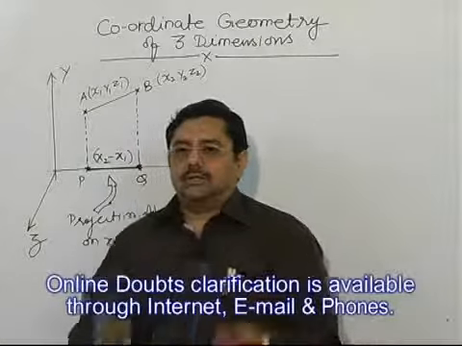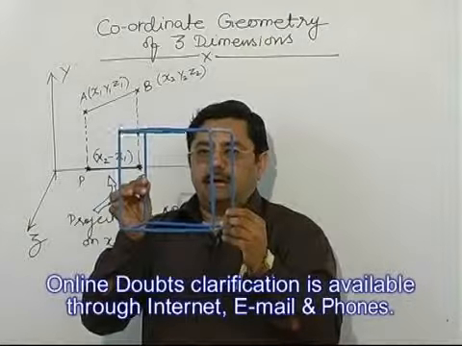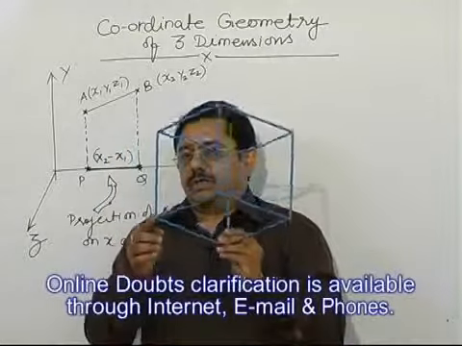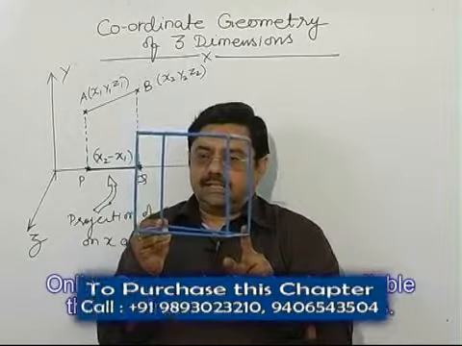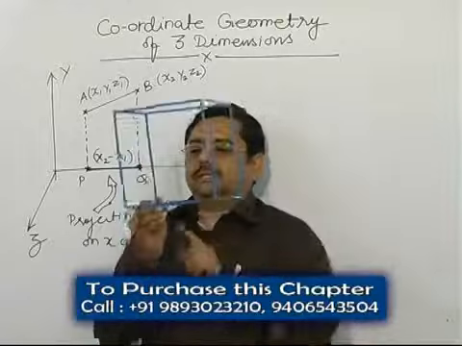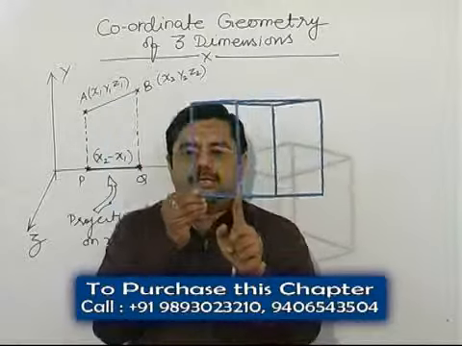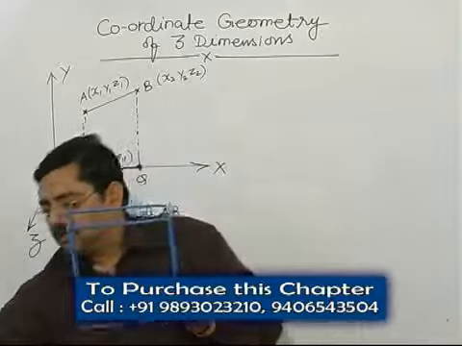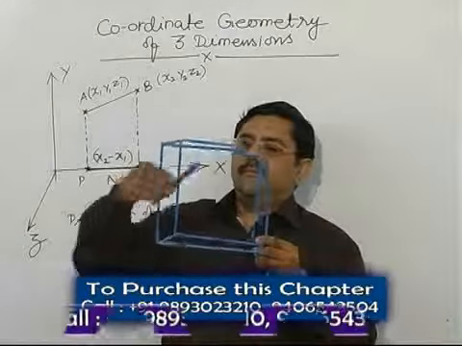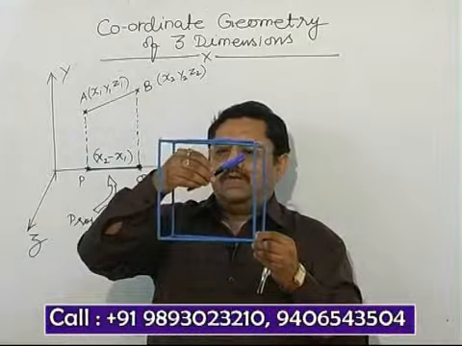To understand this concept, say this is three-dimensional. Say this is origin, this is x-axis, this is y-axis, and this one is z-axis. Alright? If I take any segment, for example, if I take this point, this is AB.